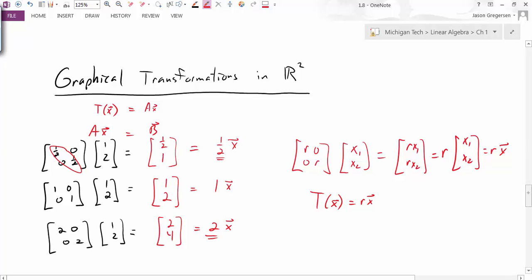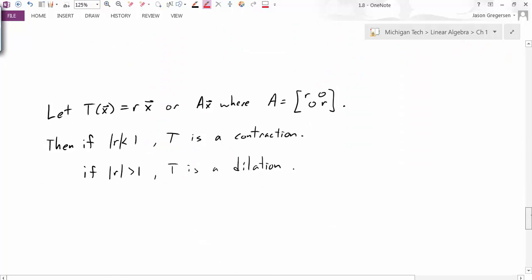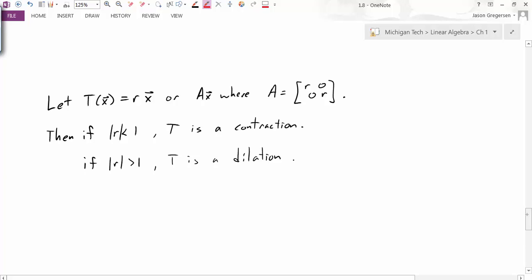To summarize the result, if T of x is a transformation represented by this matrix, then if the absolute value of r is less than 1, then T is a contraction. So if r is smaller, I'm shrinking my vector towards the origin if I'm plotting this as a position vector.